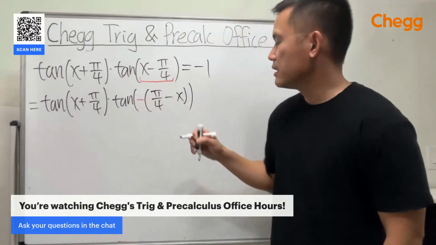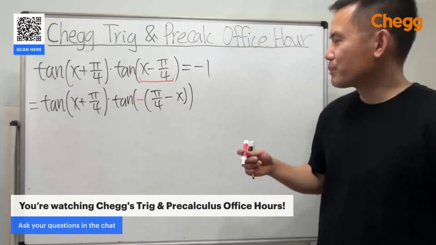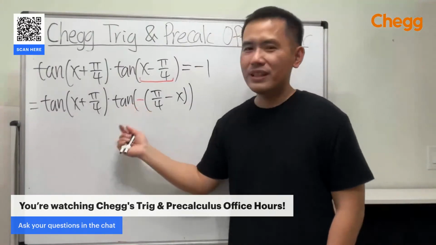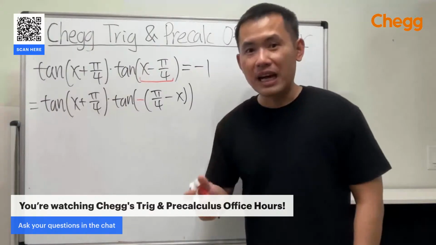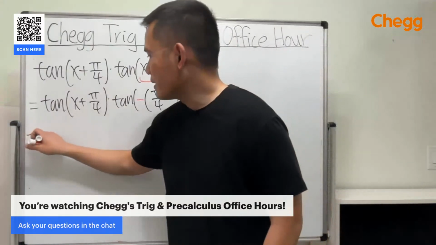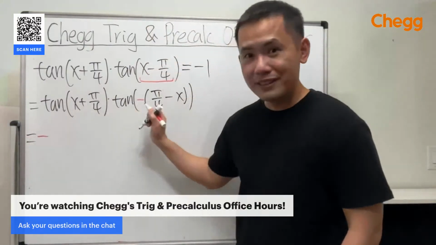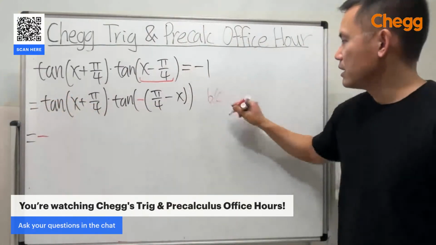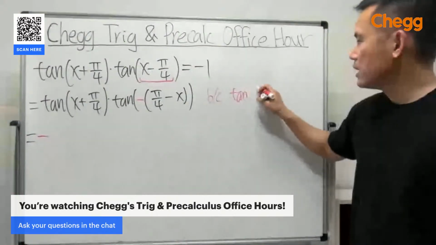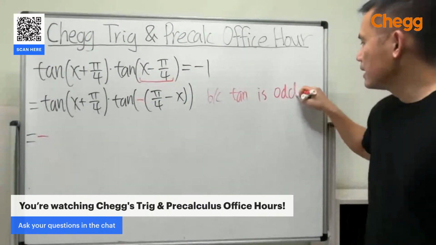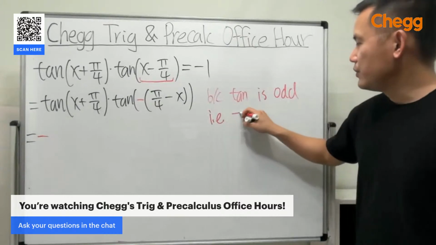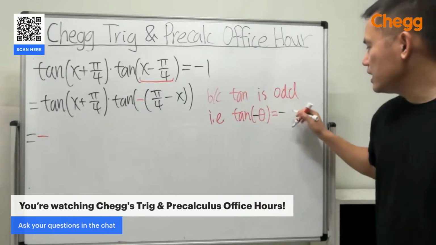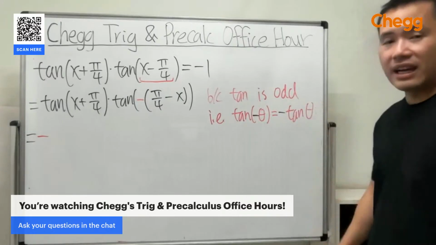All right, so that's pretty good. The reason I did that is that I can put the negative on the outside, because tangent is an odd function. So I move the negative from the inside of the tangent to the outside. Because tangent is odd, that means if you have tangent of negative theta, this is negative tangent of theta.